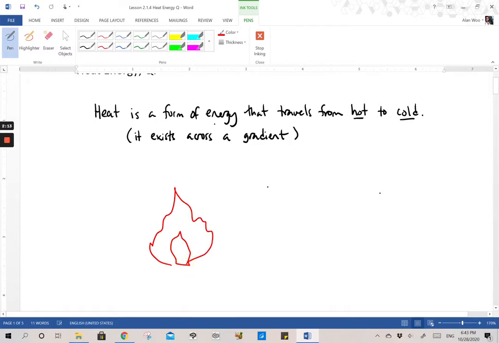We all know that campfire will give off heat into its surroundings. Now, no one's going to argue that fire is hot. And all this radiant energy, this heat energy, is leaking into its surrounding environment.